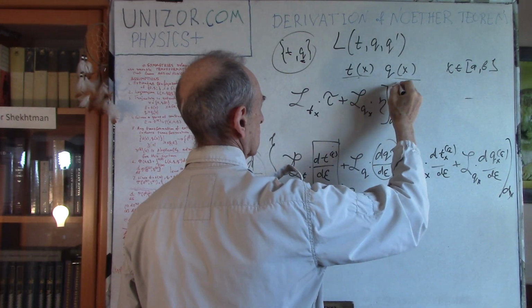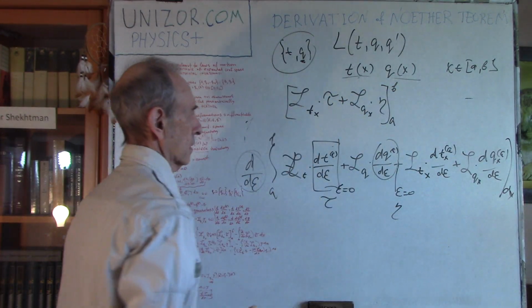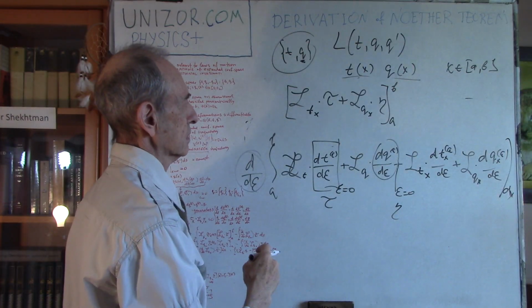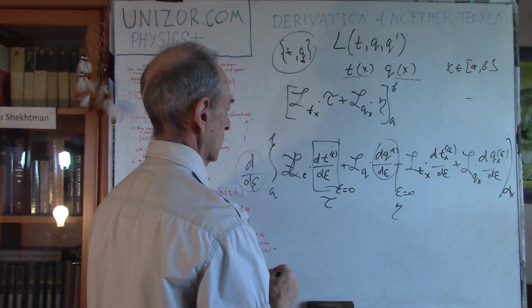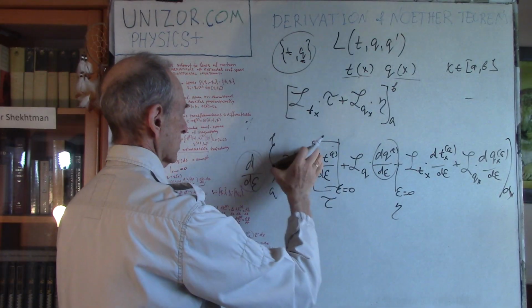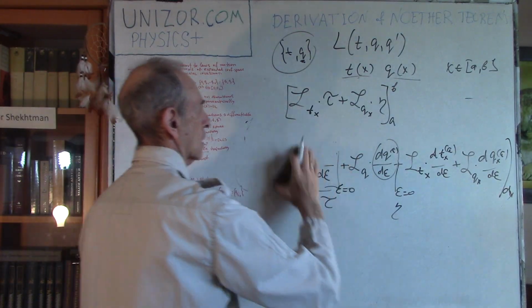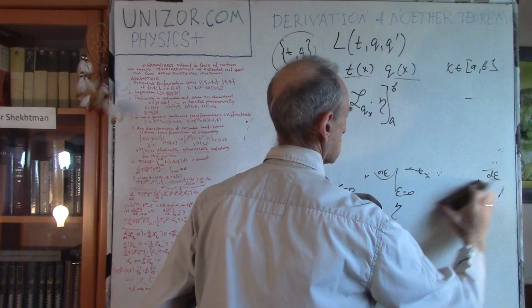Now integral, this is things which goes outside of integral with limits, and the rest of this would be two things.